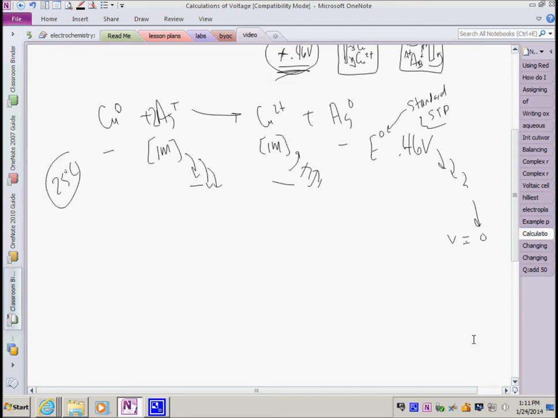Now, in the AP exam, I will tell you that altering concentrations in past years has been very common. They will say, with these new concentrations, what's my new voltage? That's very common. For temperature, it just hasn't been something that's been tested. They don't say, if I crank my temperature up to 50 degrees, what's my new voltage?